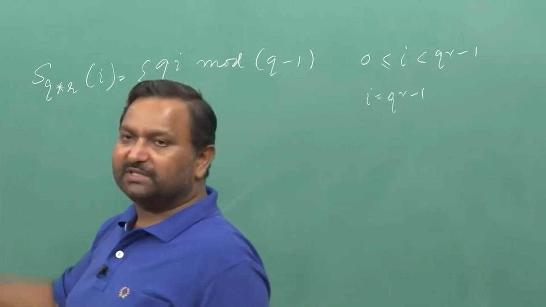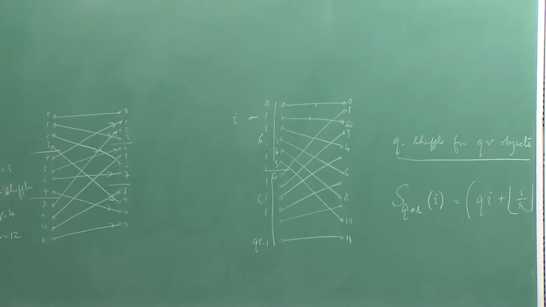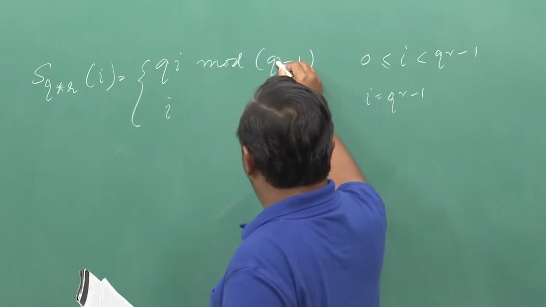This is another way of expressing the same shuffle thing. So, I am not actually adding this floor function here. So, it is modulo QR minus 1, sorry, this has to be modulo QR minus 1.